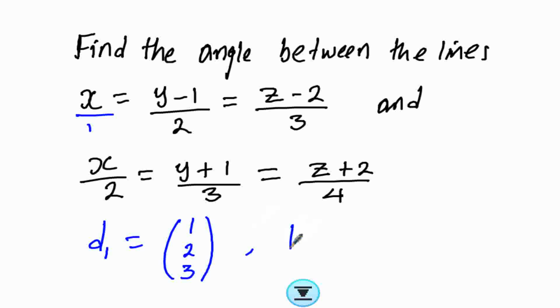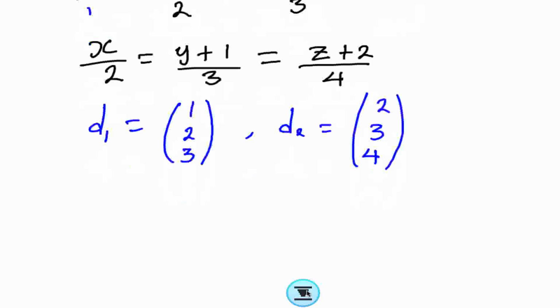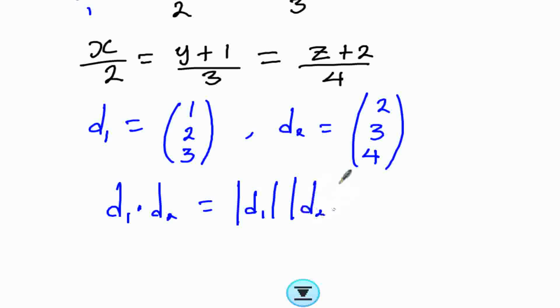And then for the second line, we shall call it d2. We are taking the denominator, so it will be 2, 3, 4. To find the angle between these two lines, we shall dot these. d1 dot d2 gives us the magnitude of d1 times the magnitude of d2, times cos theta.